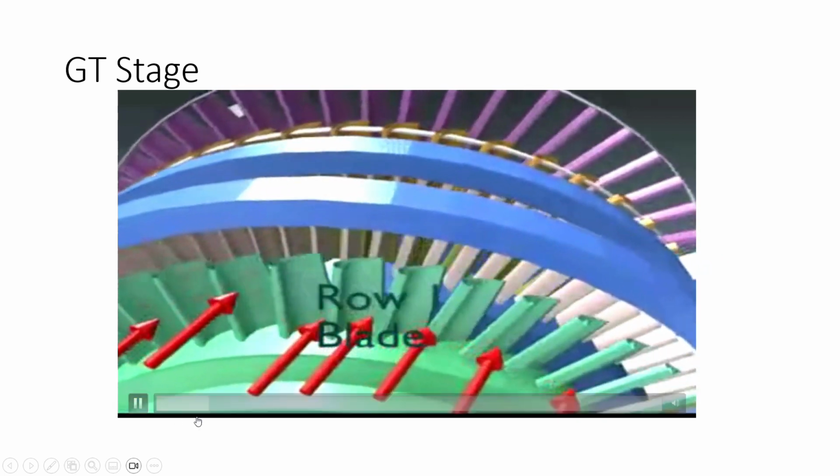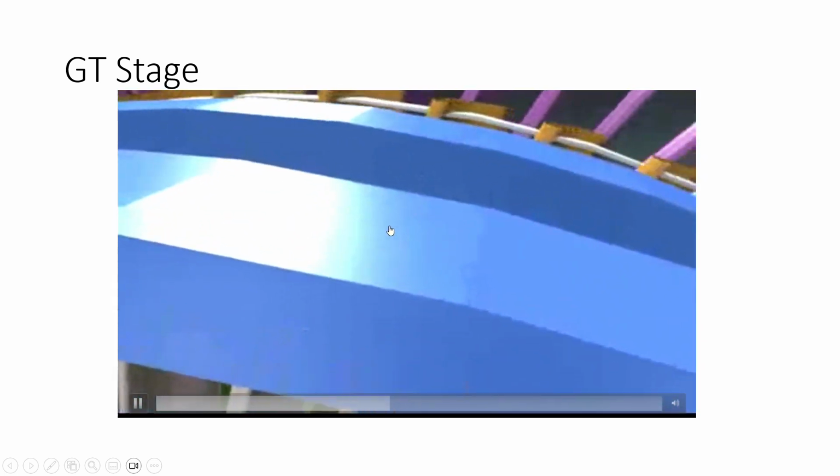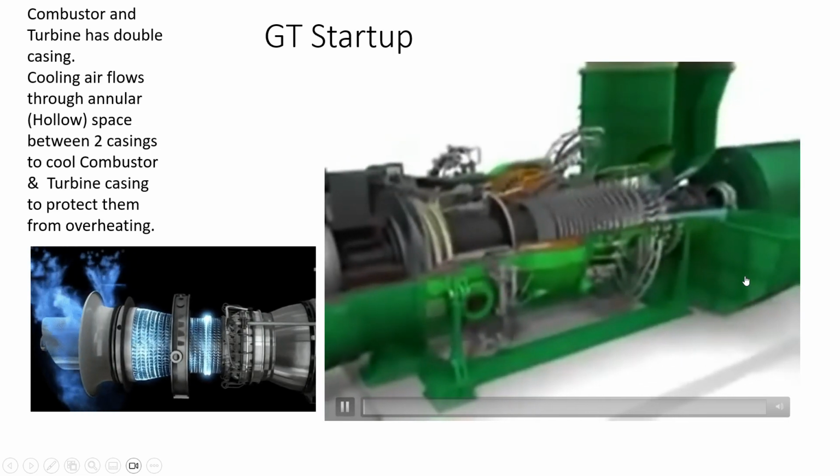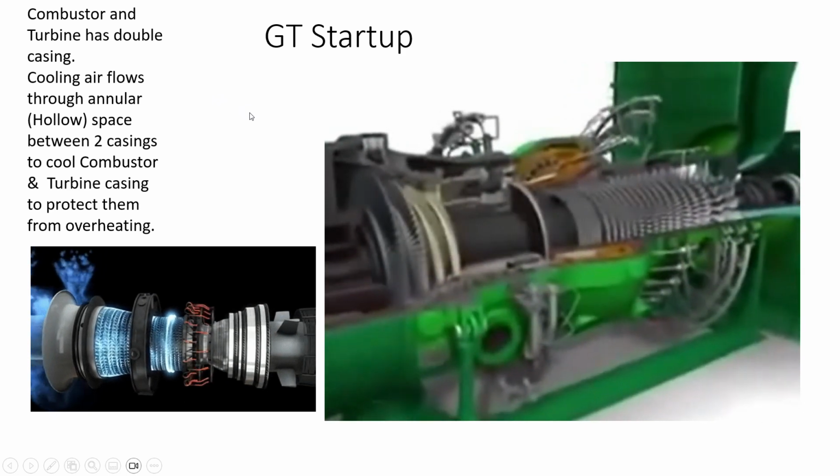You see, this is the first row blade and then second row, then second row blade, like that.